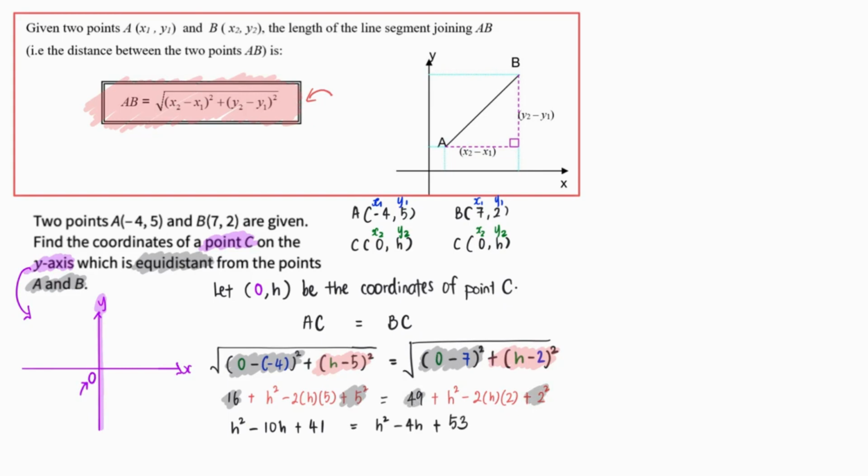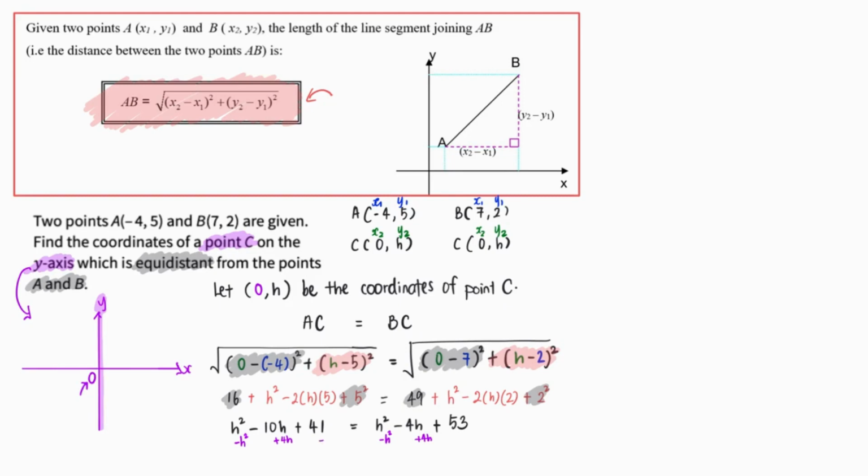53. And at this point, I will start to simplify further. I am going to minus h square on both sides, so there is no longer h square. I'm going to add 4h on both sides, so that on my right hand side there are no more h terms.